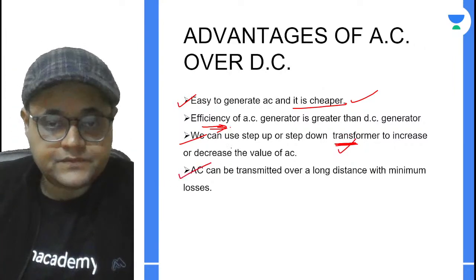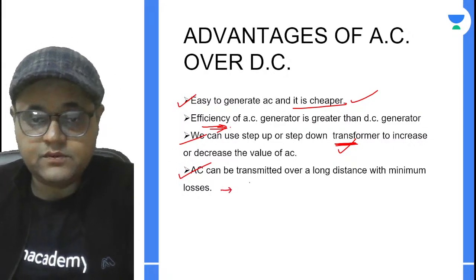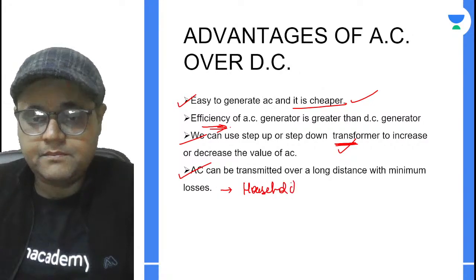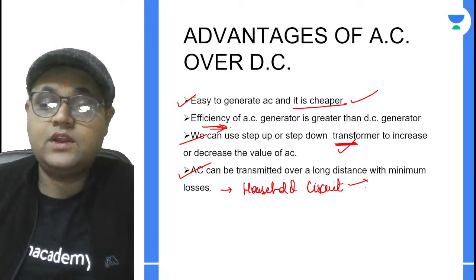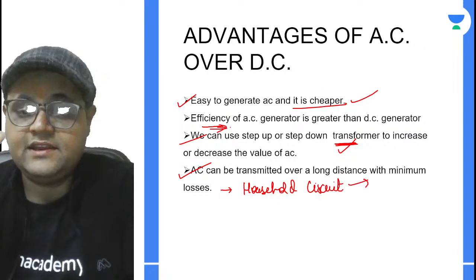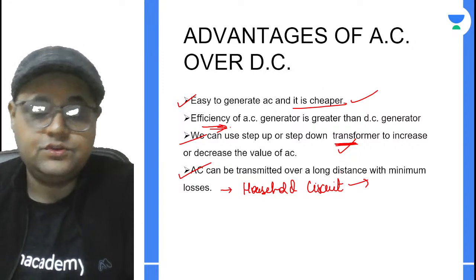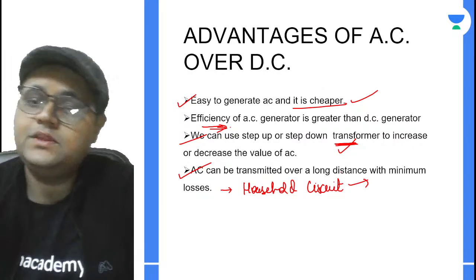And the best part, it can be transmitted over a very long distance with minimum losses. We had a word on this while we were discussing household circuits. If you remember, when we were discussing the transmission of power over a long distance, I told you it is always advantageous to use AC because it can be transmitted over a very long distance with minimum losses.